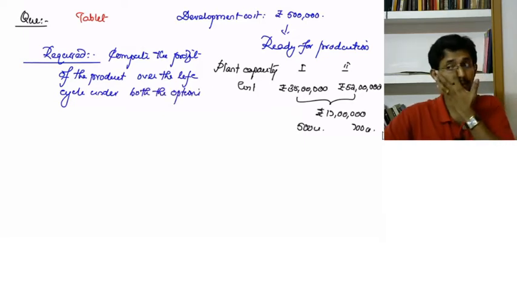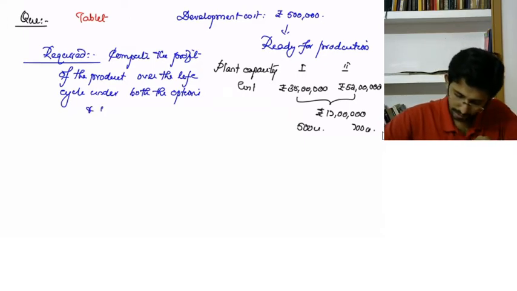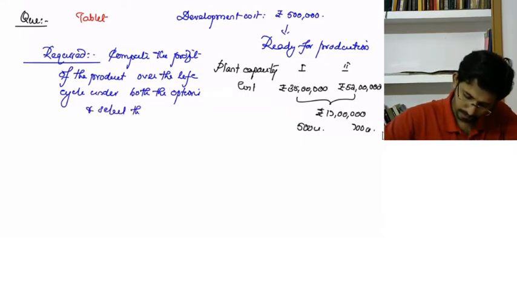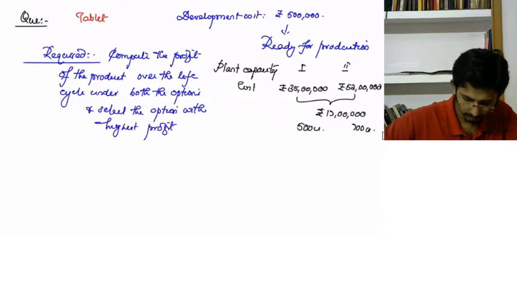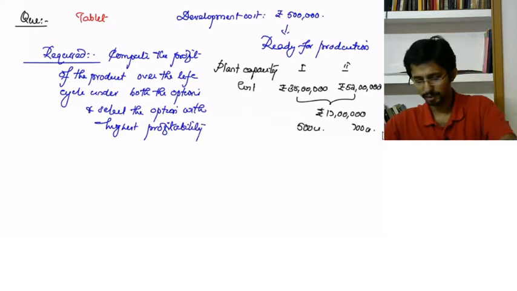Okay, both the options. And what you have to do? Select the option with highest profitability. Highest profitability. Is it clear?